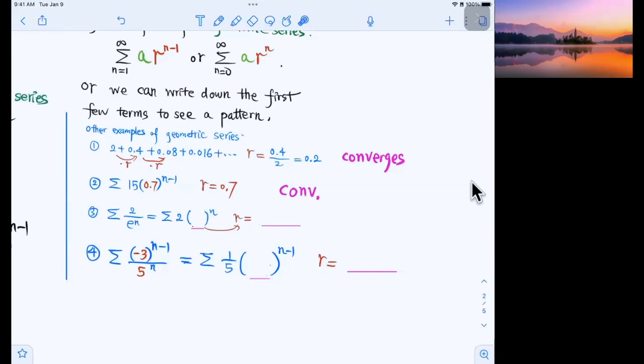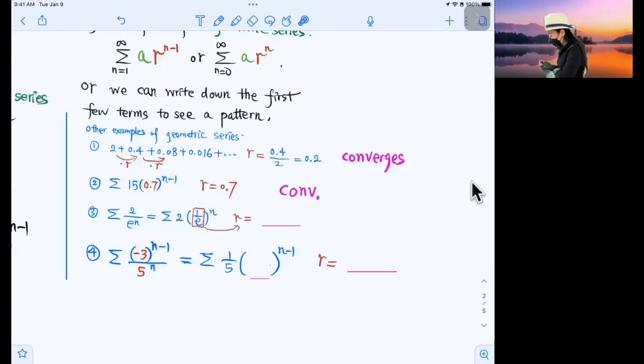So this should be 1 over e, right? Because 1 to the n is 1, e to the n is e to the n down here, so this and this are equal.